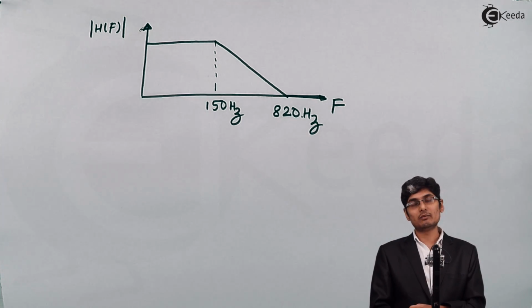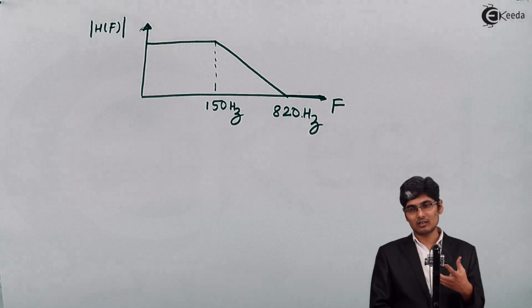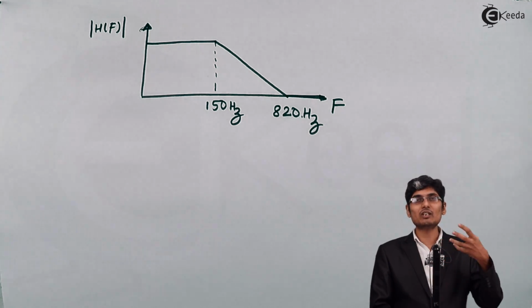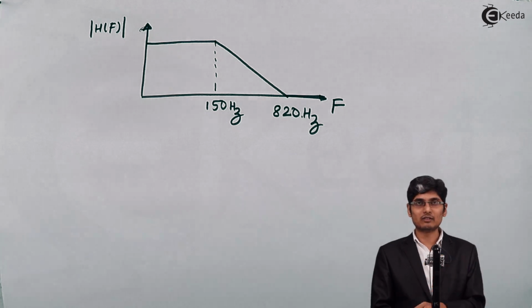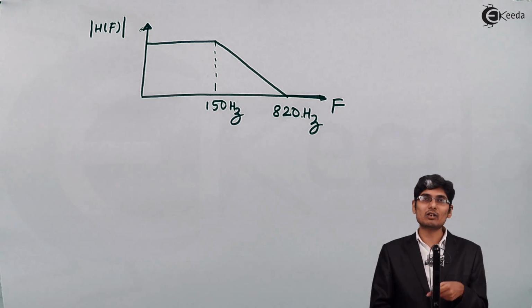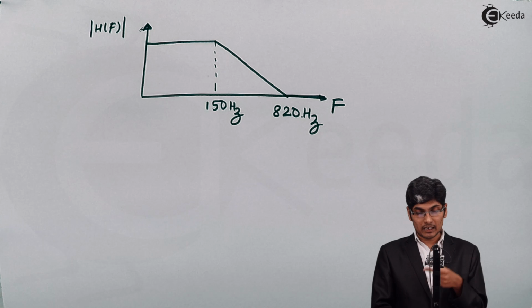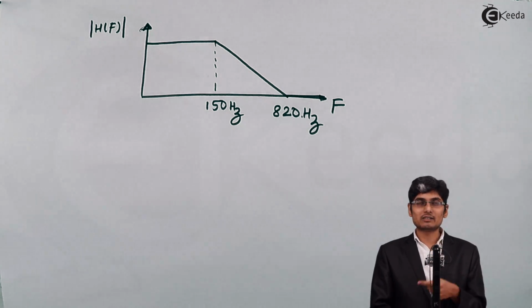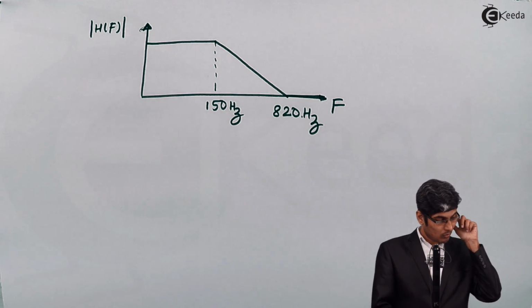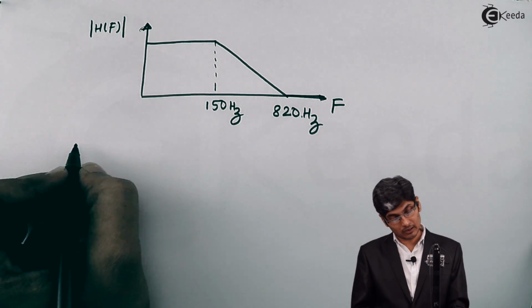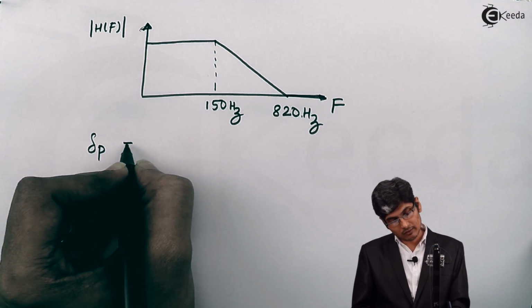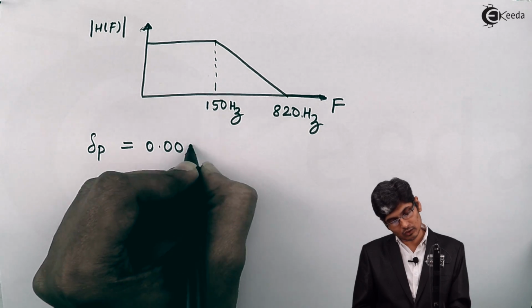isn't it? Because when we see in the logarithmic scale, this passband ripple is going to get added. In linear scale you are going to see it as multiplied, but in actual practice it is going to get added. So my overall passband ripple, that is delta P, requirement is 0.002.